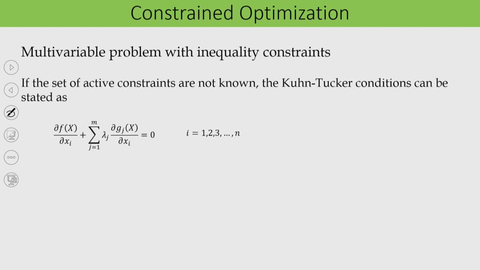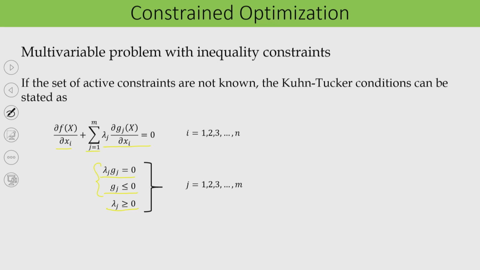So, in that case, if the set of active constraints is not known, the Kuhn-Tucker conditions can be stated as del f by del x i plus the sum over j equal to 1 to m of lambda j del g j by del x i equal to 0, then lambda j z j equal to 0, then z j less than or equal to 0, and then lambda j greater than or equal to 0.